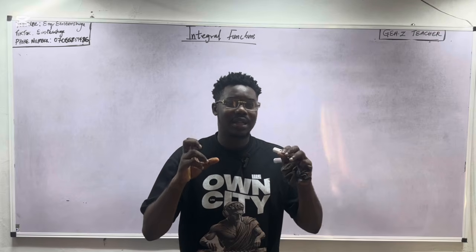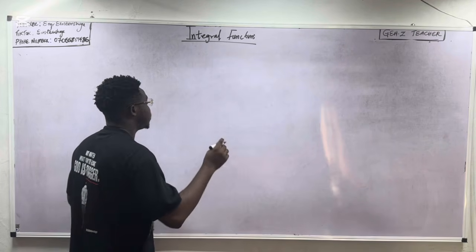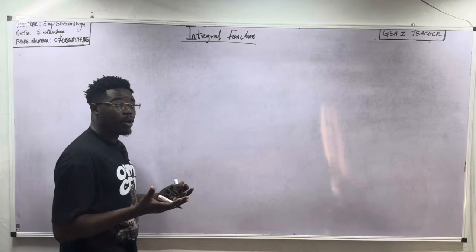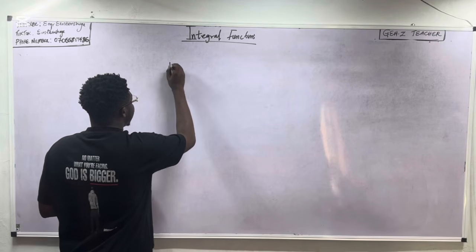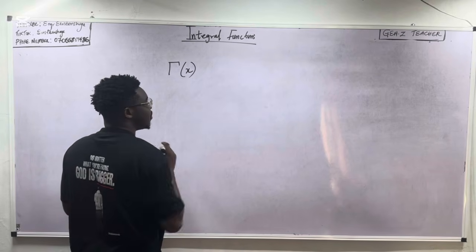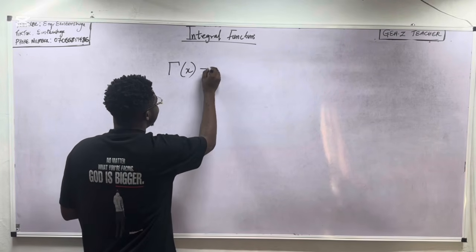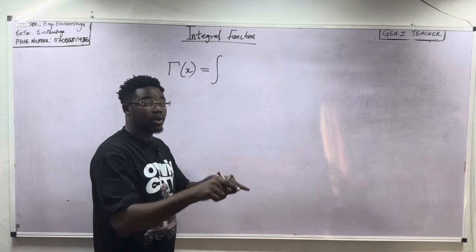Now, how does the gamma function look? I'll show you on the board now. First things first, the symbol for gamma function is a capital letter gamma, which is written like a capital gamma. Let's say, for example, the gamma function of x is the integral. You must take note of the limits given in the question.